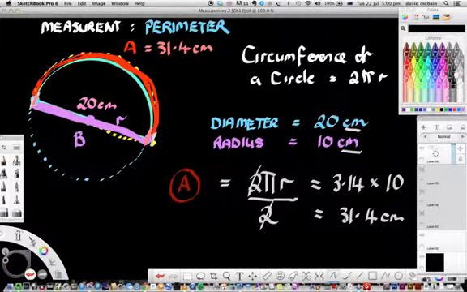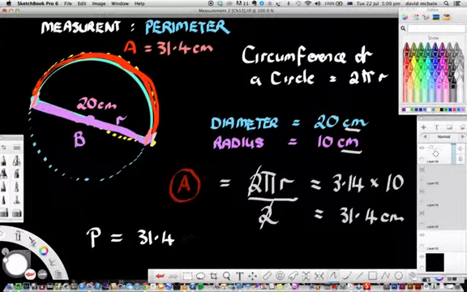The perimeter of this shape, P for perimeter, is going to equal length A, which is 31.4, plus the straight edge, which is 20. And so that's going to equal 51.4 centimetres.